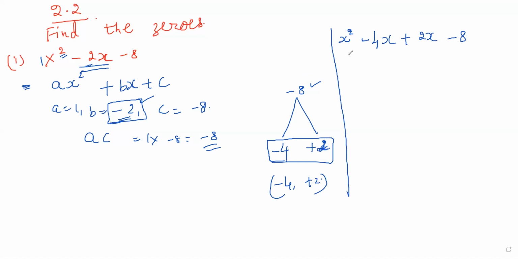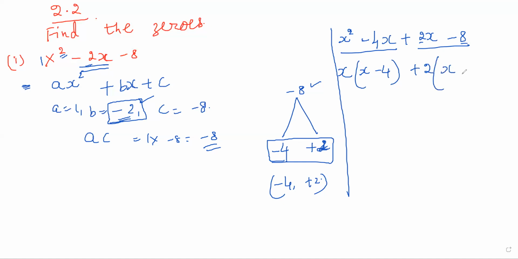And now what is the next step? I am going to group the terms. I have made two groups here and take the common factor. Which is the common factor? X is common in both, so take it outside the bracket: x minus 4. And what is common here? We have 2 and 8, so we can take 2 as a common factor.